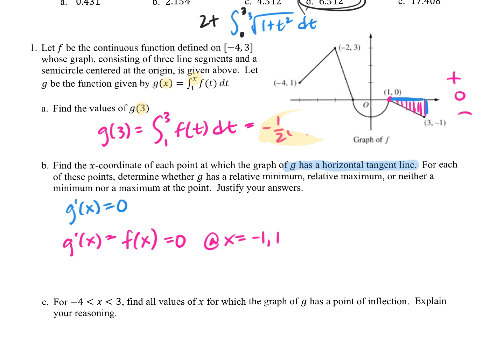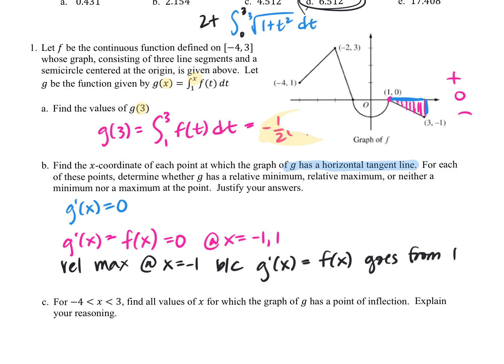A max, exactly. So you guys, we're going to say relative max at X is negative 1 because, do you want to say G prime changes from positive to negative? Yes. F changes from positive to negative? You could say either one because we've said that they're the same, or you could just say the whole thing. Because G prime, which is the same as F, goes from positive to negative.